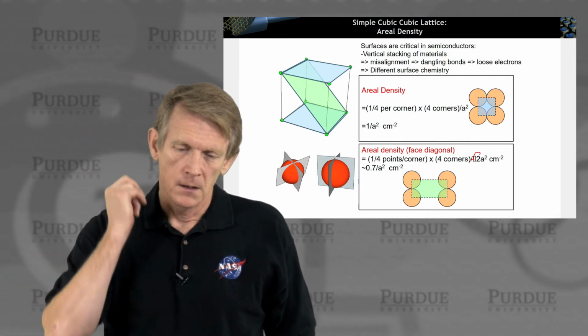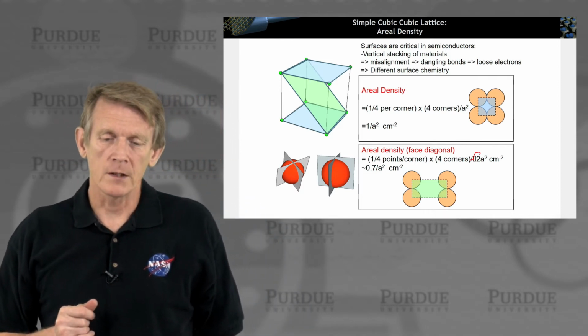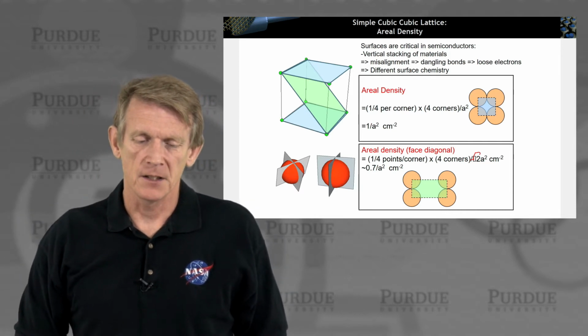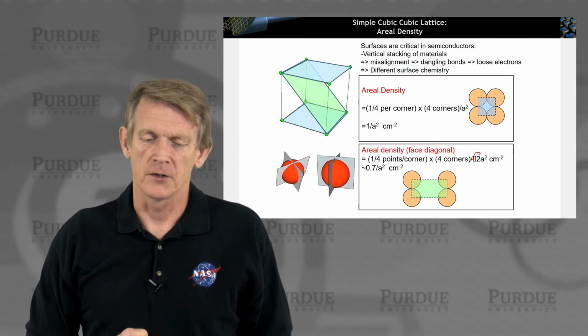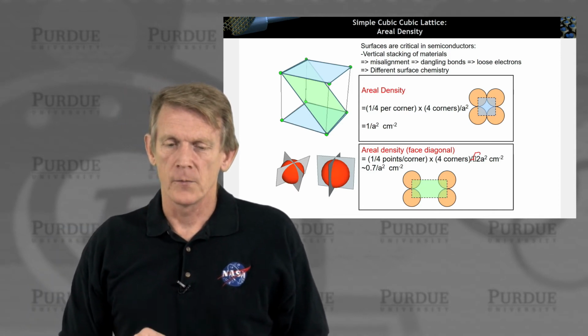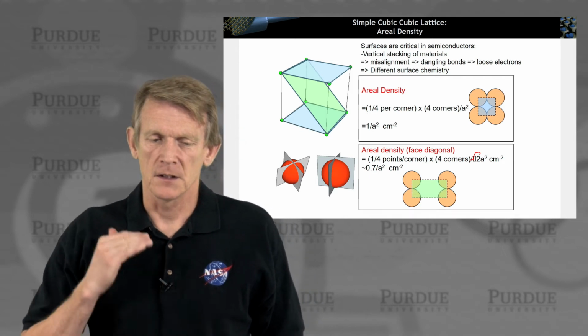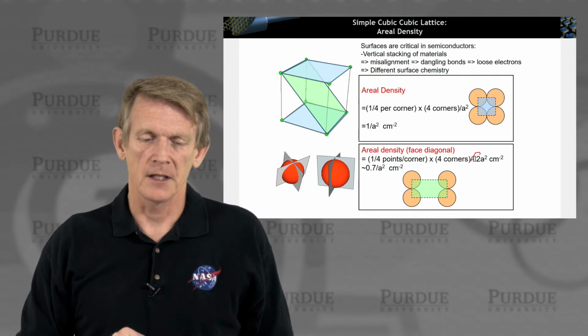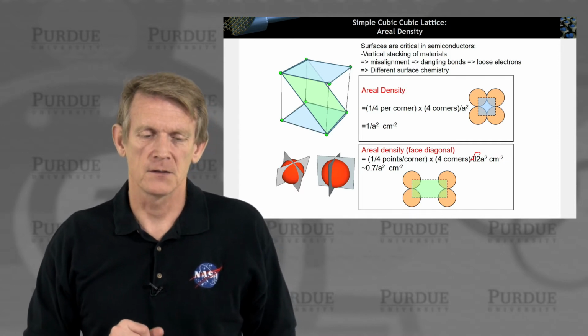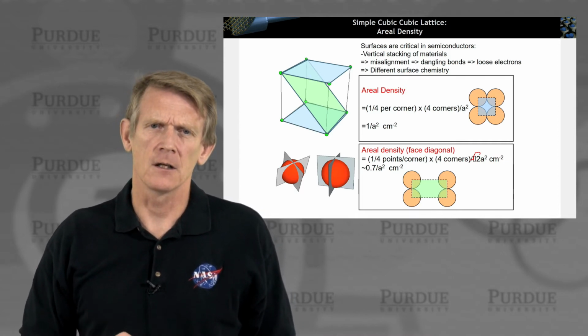So 1 over square root of 2 A squared. So the total areal density is 0.7 over A squared. So it is smaller than the surface here in blue. So the areal density of atoms in the green surface is smaller than the areal density of the blue.